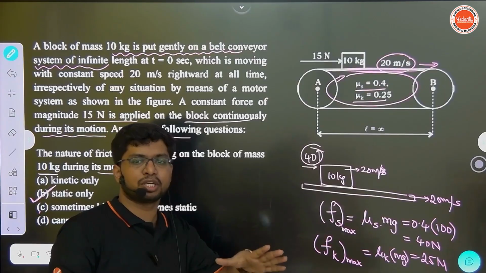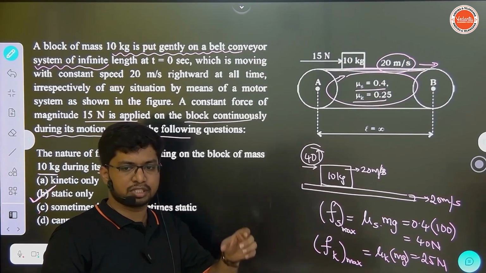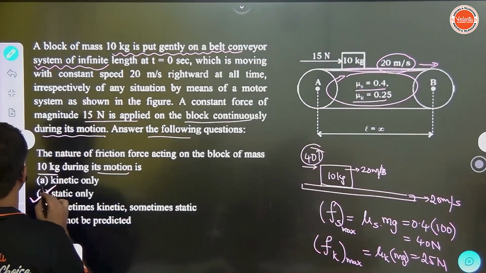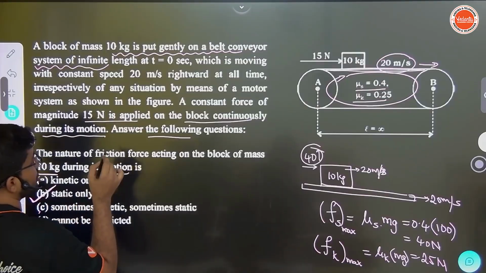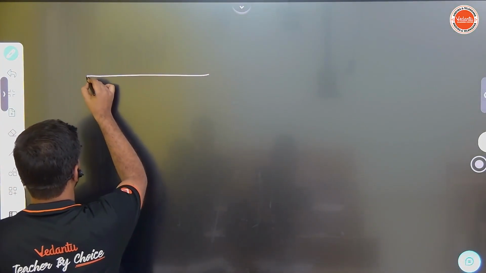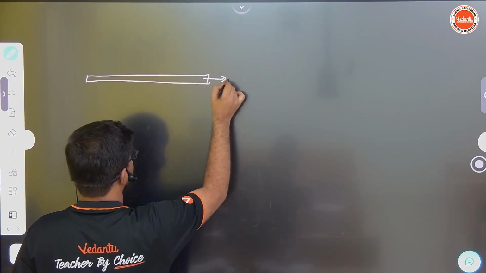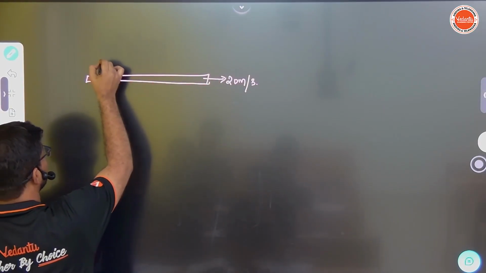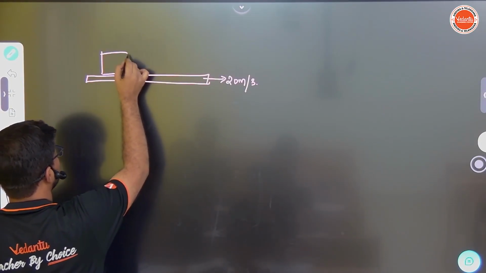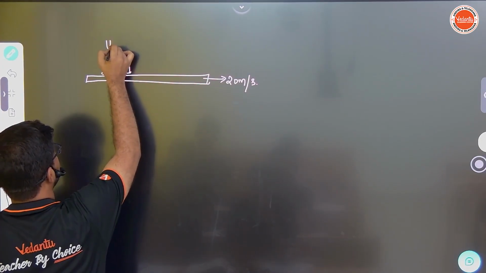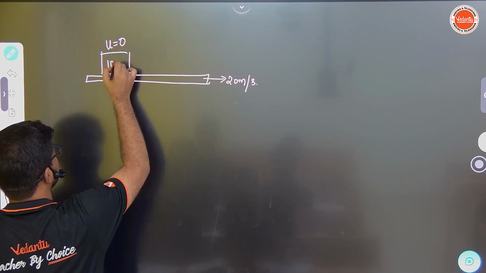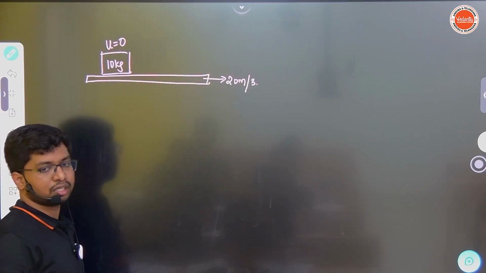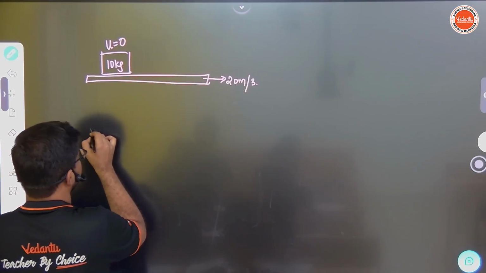I'm just gently putting it, right? This is a platform which is already moving with 20 meters per second. So if I just gently put this, its initial velocity is 0, for some amount of time.